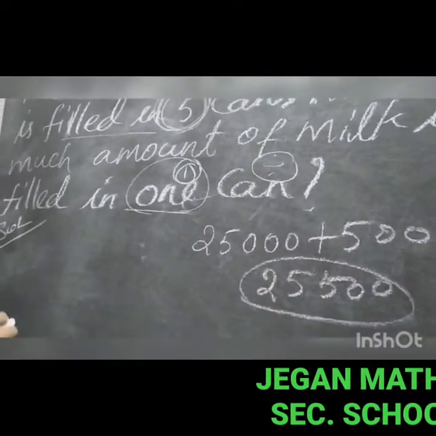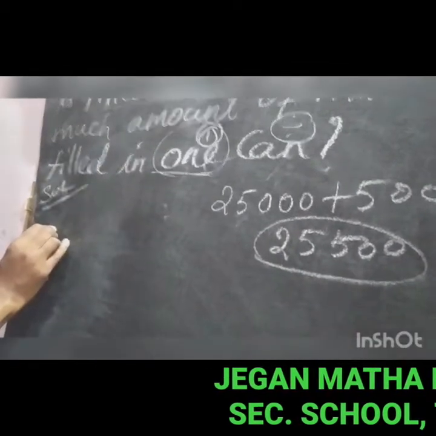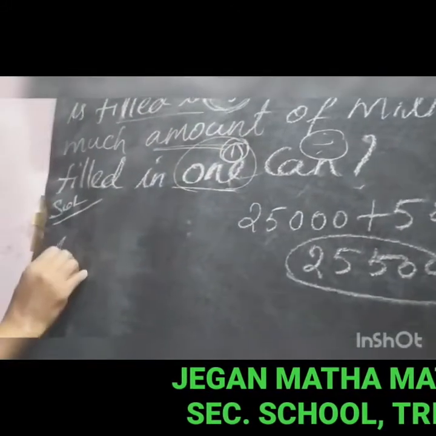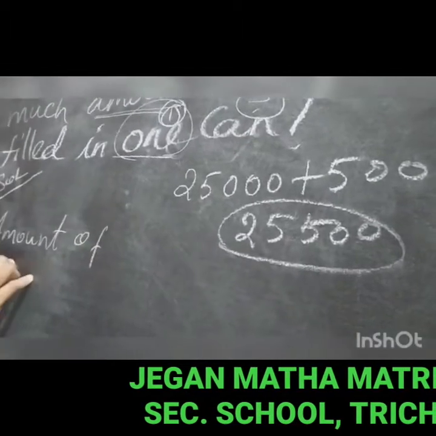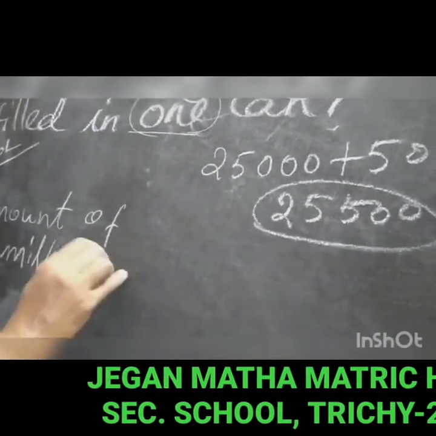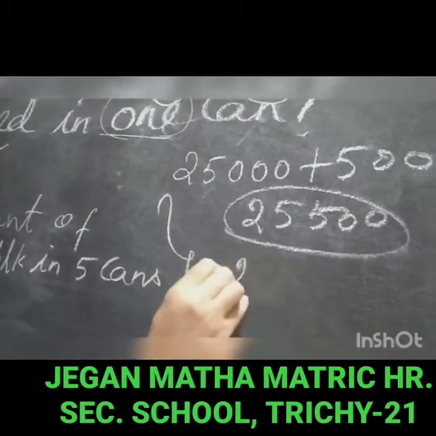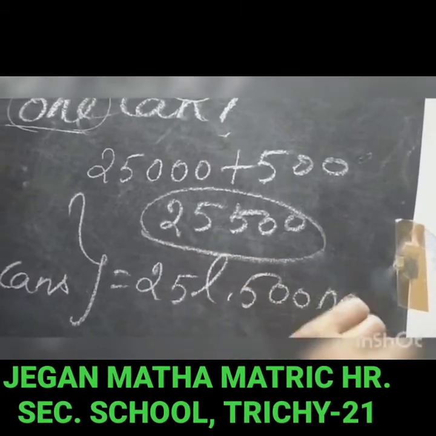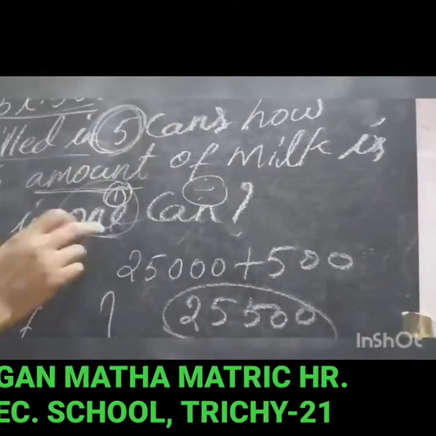So now you take the quantity of milk in 5 cans, the amount of milk in 5 cans. How much is given? 25 liter 500 milliliter. So you have to find out how much amount of milk in 1 can.